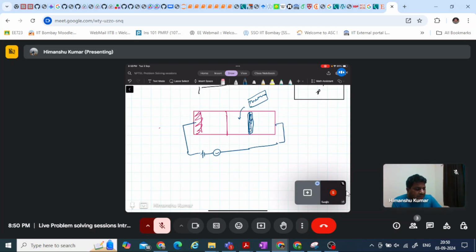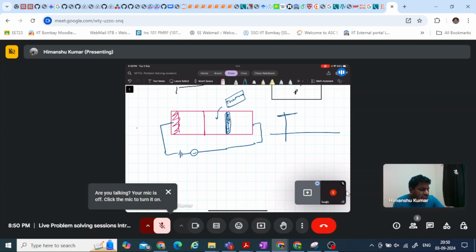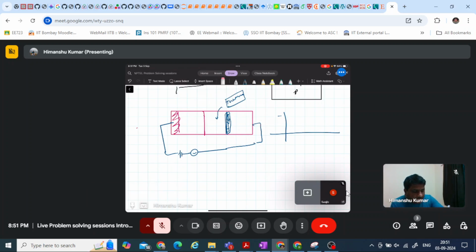Then if you plot the capacitance voltage characteristic for a MOS cap, in accumulation the capacitance will be this. And if you take depletion, it will be like this.